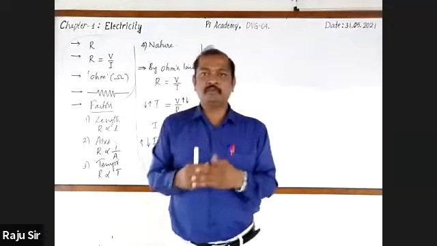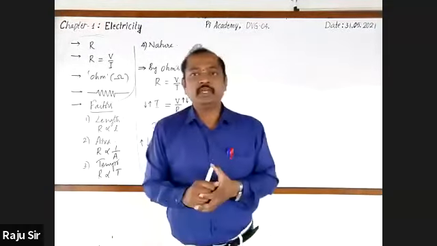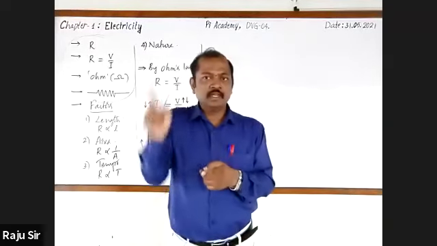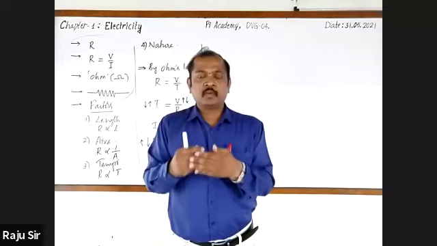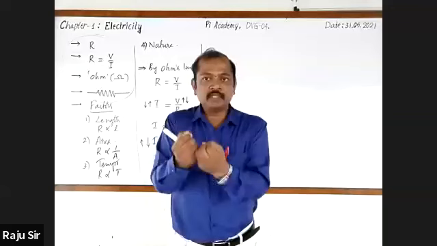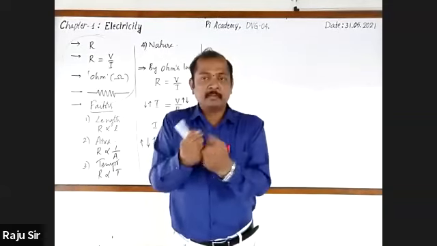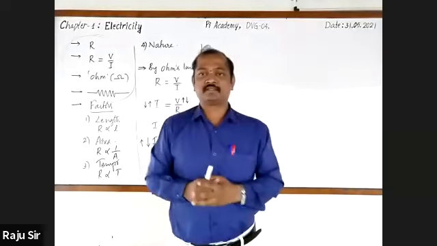In our country, we are maintaining this potential difference, that is 220 volts. The electrical equipments we are using in our home are drawing different amounts of electric current, but they are working between the same potential difference.